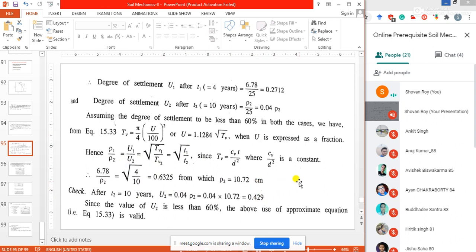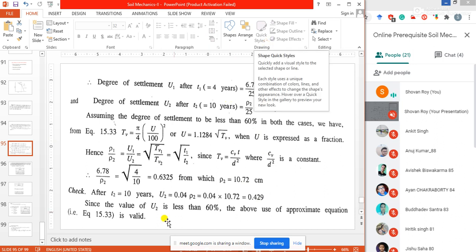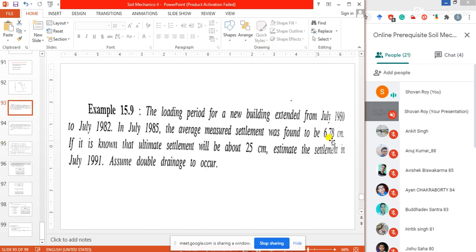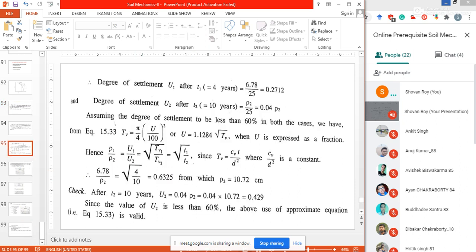This is one method through which we can calculate if we have the time, the loading period for a new building extended from July 1980 to July 1982. That kind of data is available to us, and we can calculate the settlement of the soil sample beneath the building.